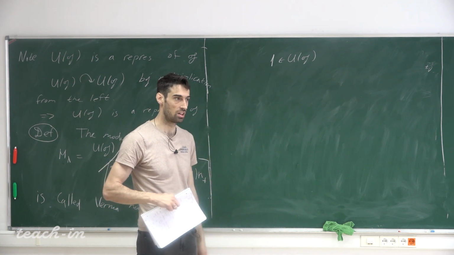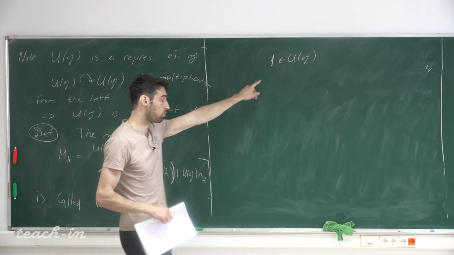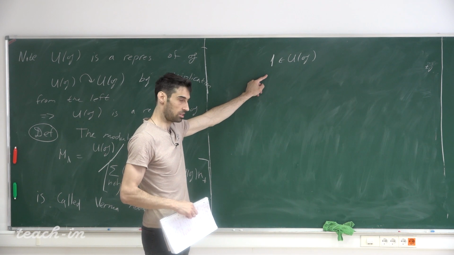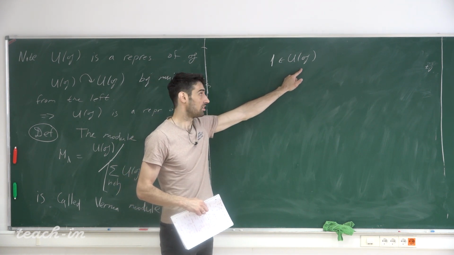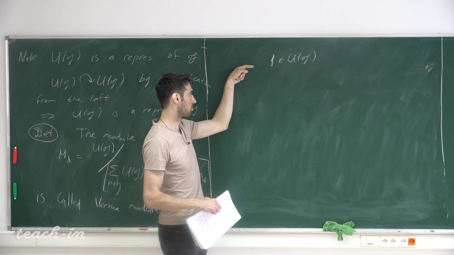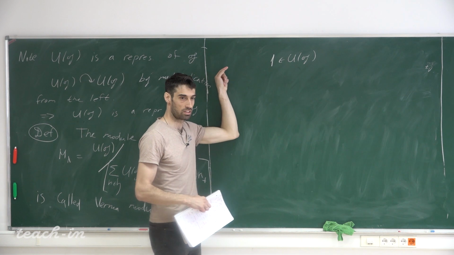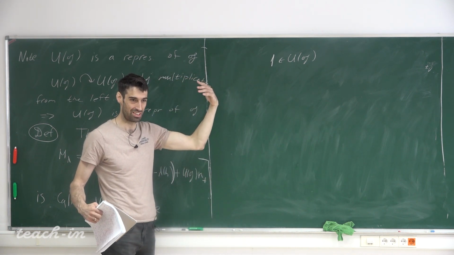So these are higher degree elements, but you have 1 in there, and you can generate the whole representation of U of G just by multiplying this 1 from the left by any elements of U of G. Of course, this is a tautology, right?